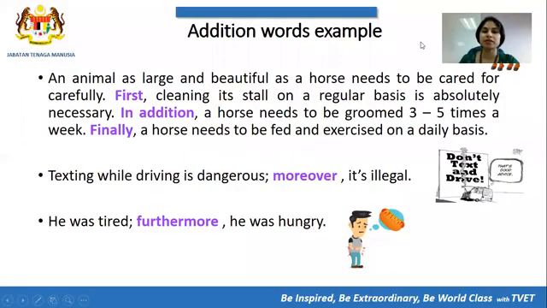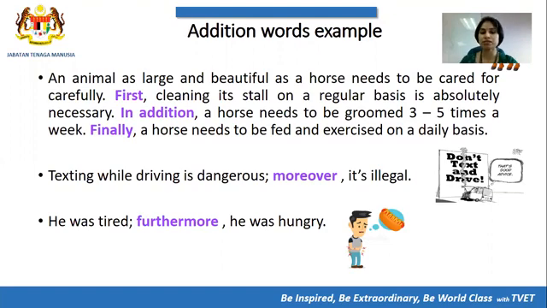All right, now let's look at the example of addition words in the sentences. First, "An animal as large and beautiful as a horse needs to be cared for carefully. First, cleaning its stall on a regular basis is absolutely necessary. In addition, a horse needs to be groomed 3 to 5 times a week.